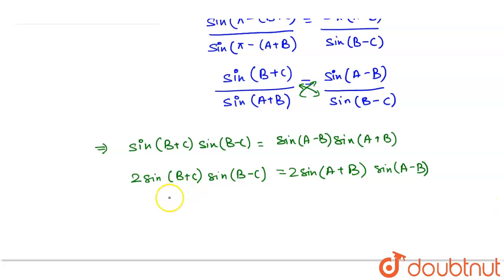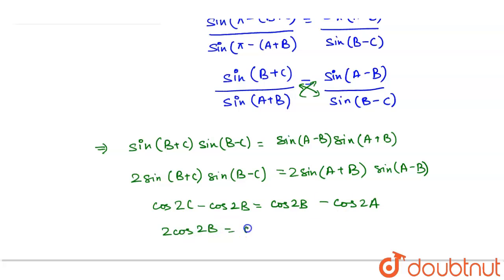So we can see the identity over here, which clearly says this has become cos of the difference. So this has become cos 2C minus cos 2B is equal to cos 2B minus cos 2A. So just transpose. What do I get? I get 2 cos 2B is equal to cos 2A plus cos 2C. Correct?